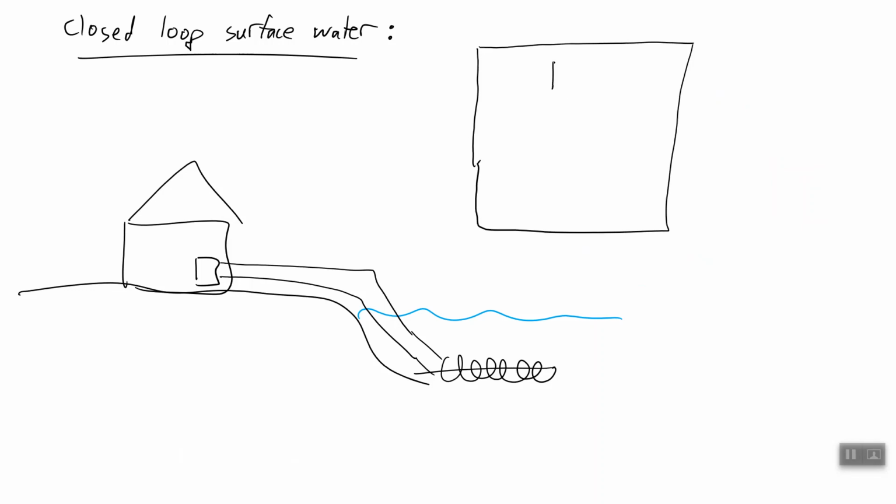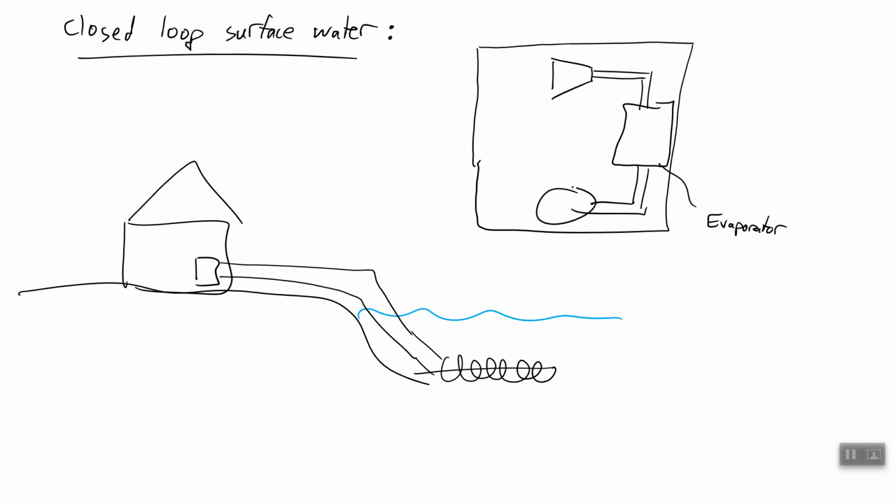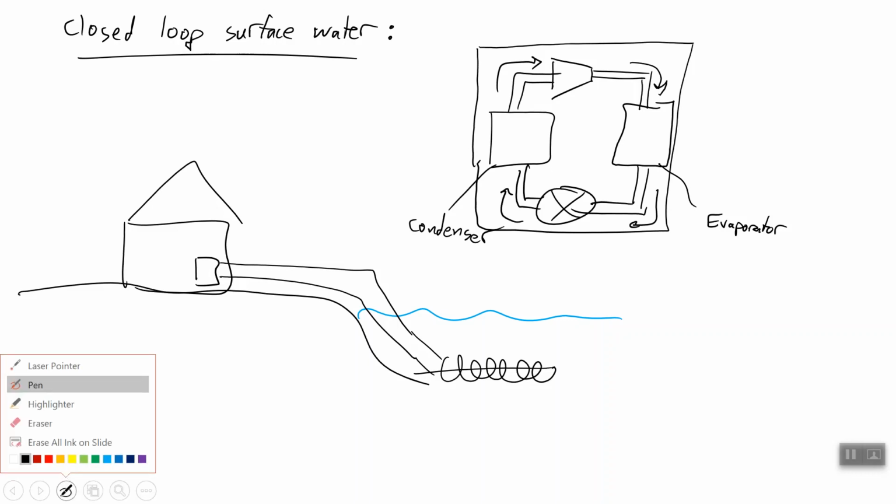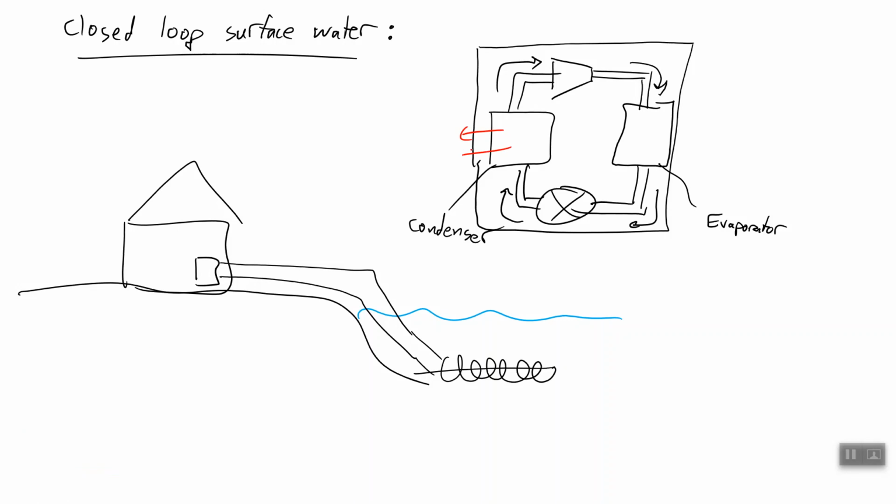We have a compressor, and then the fluid leaves the compressor and enters, let's say this is the evaporator, which goes into an expansion valve, and then it enters the condenser, and then goes back into the compressor. And we have our refrigerant in our system following this pattern, going through our cycle over and over, and heat is leaving our condenser.